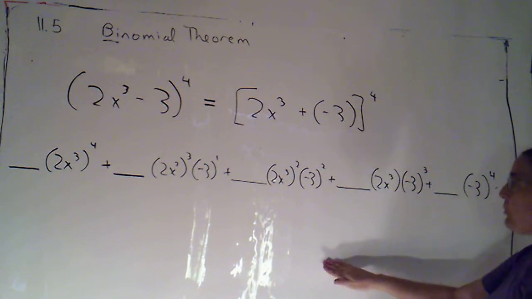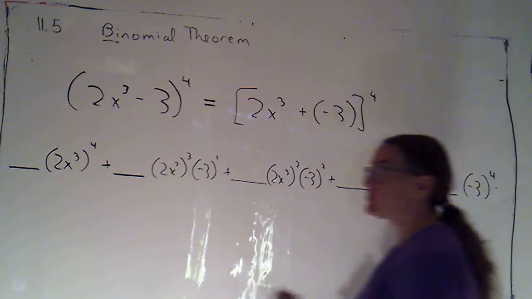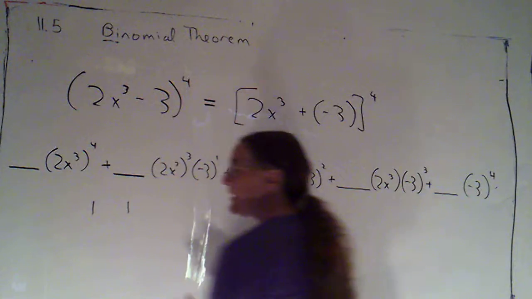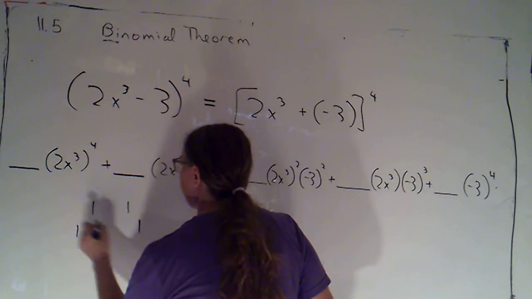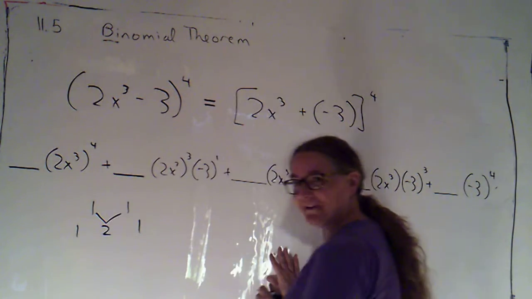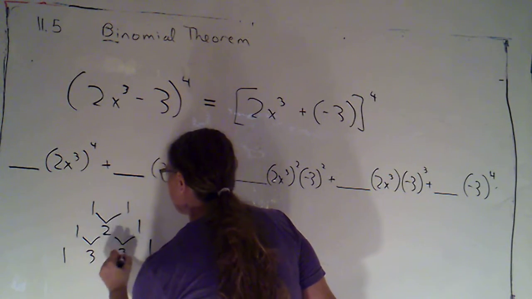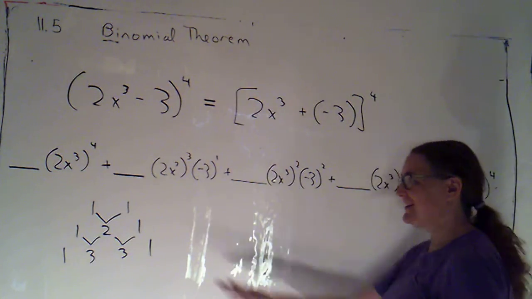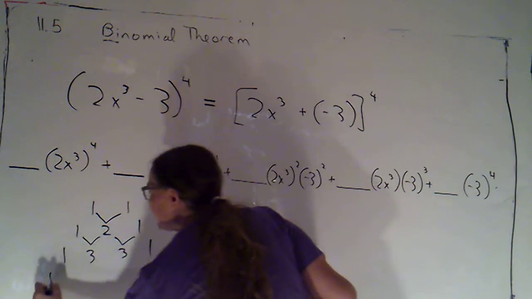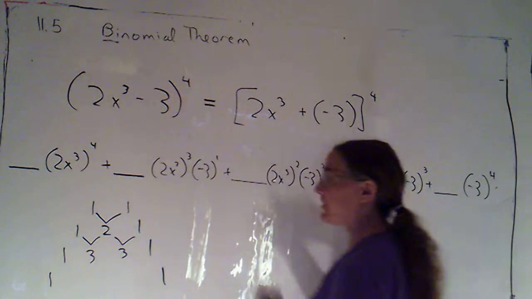To figure out the coefficients, let's look at Pascal's triangle. So 1, 1 is my first row. 1, 2, 1 is my second row. 1, 3, 3, 1 is my third row. I want the fourth row because this was a fourth power.